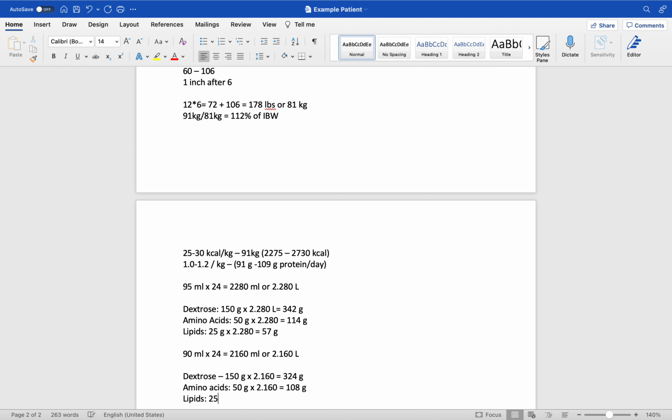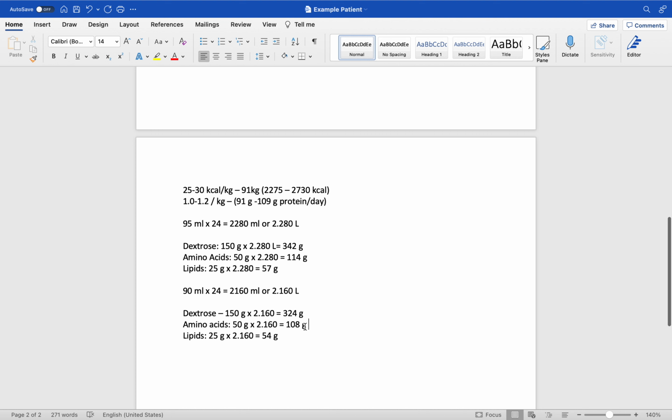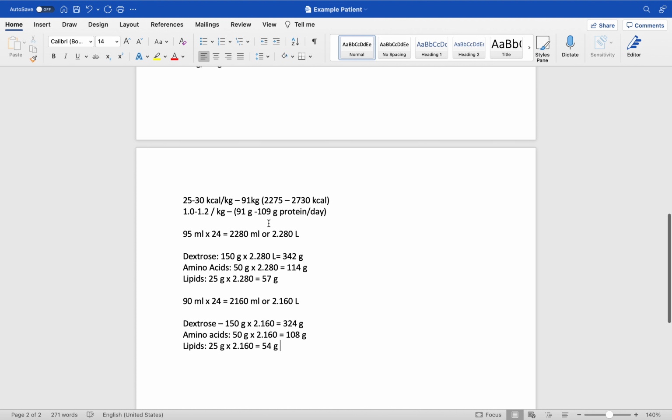And then lipids, 25 grams times 2.160 equals 54 grams of lipids. Okay, so now my protein's a lot better. Now I got 108 grams of amino acids and I need 91 to 109. So that's perfectly within my needs. So that's giving me an indication that this 90 milliliter per hour is my correct rate.